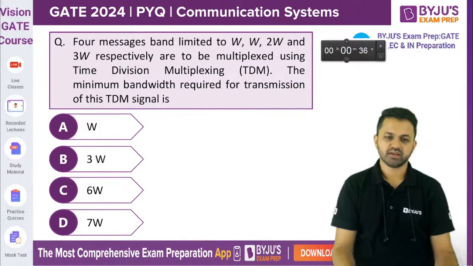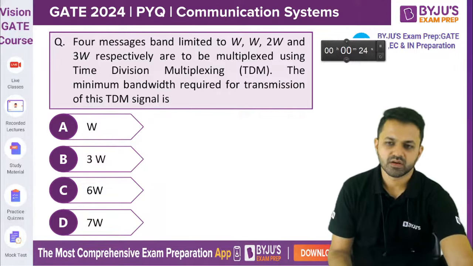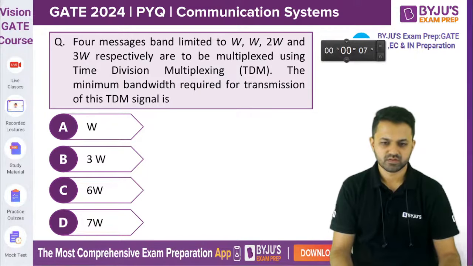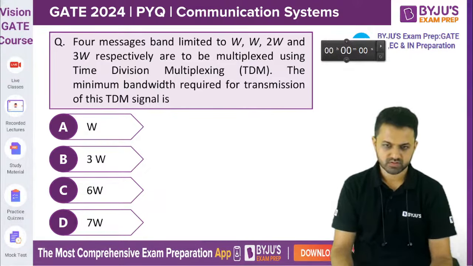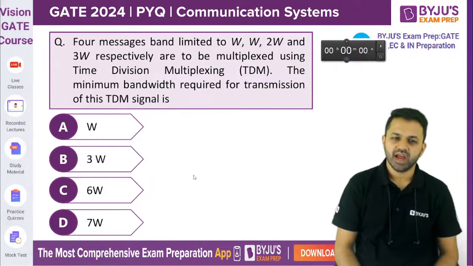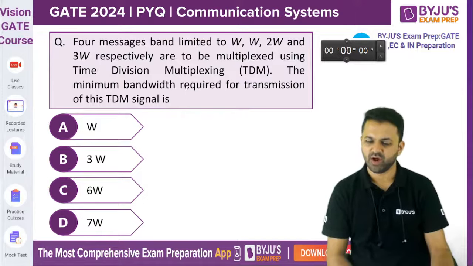Answer this question quickly. Okay, now there are four messages band limited to W, W, 2W and 3W, and we have to do the time division multiplexing. It is asking for the minimum bandwidth required.